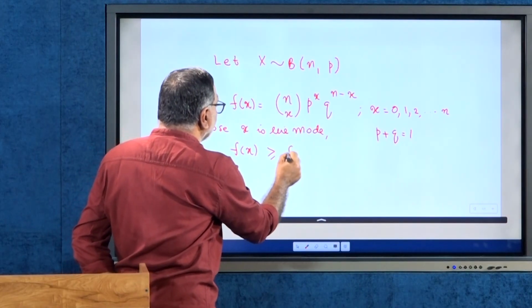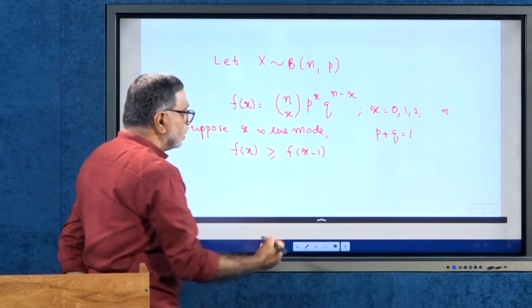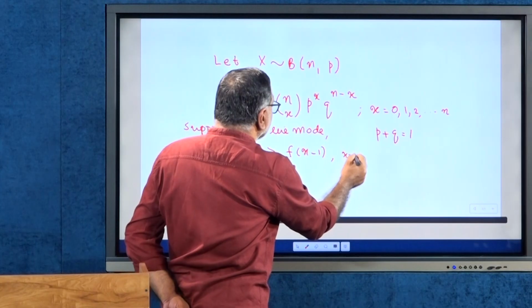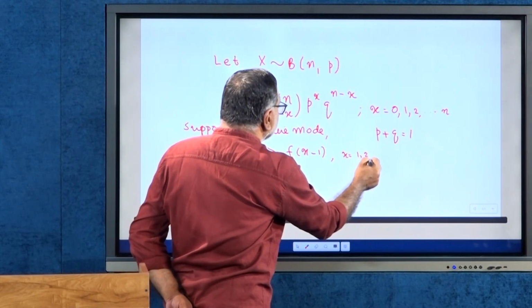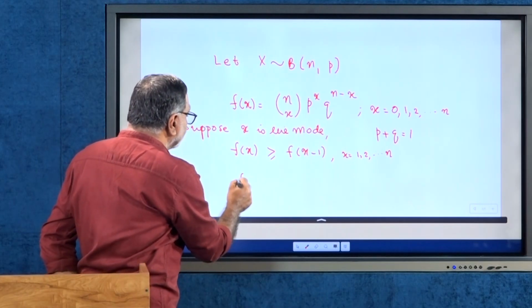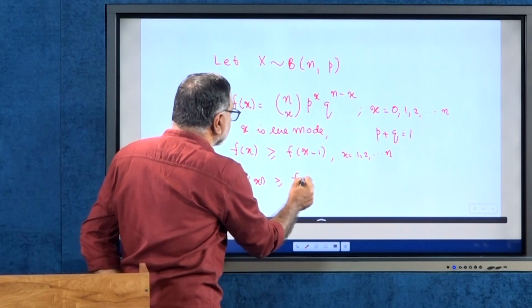That means f of x is greater or equal to all other f of x values less than x value, that is, x is equal to 1, 2, 3, etc. up to n. And f of x is greater than or equal to f of x plus 1.